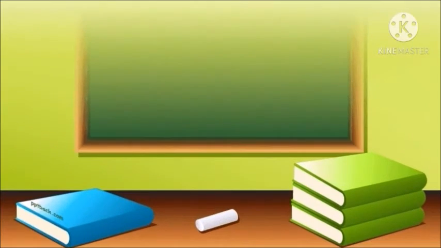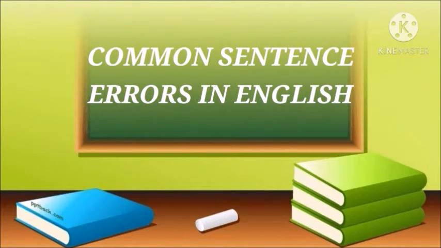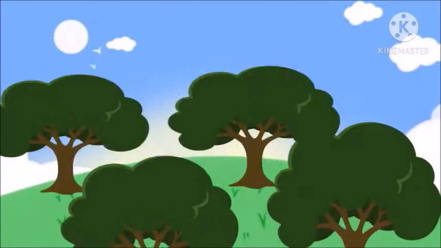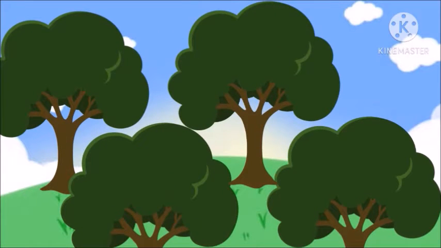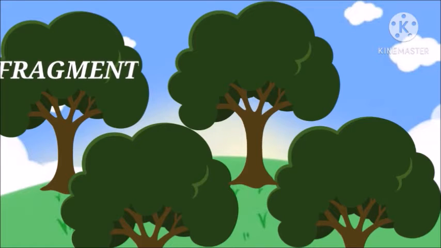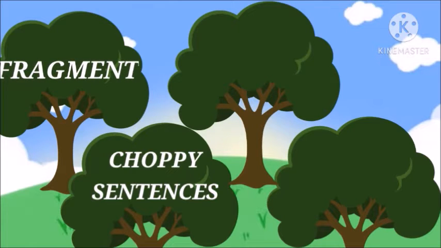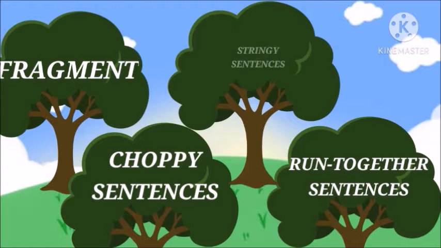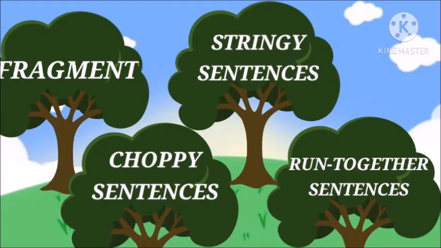Okay, next we will learn about common sentence errors in English. There are four mistakes that often occur in sentence structure: fragments, choppy sentences, run-together sentences, and stringy sentences.